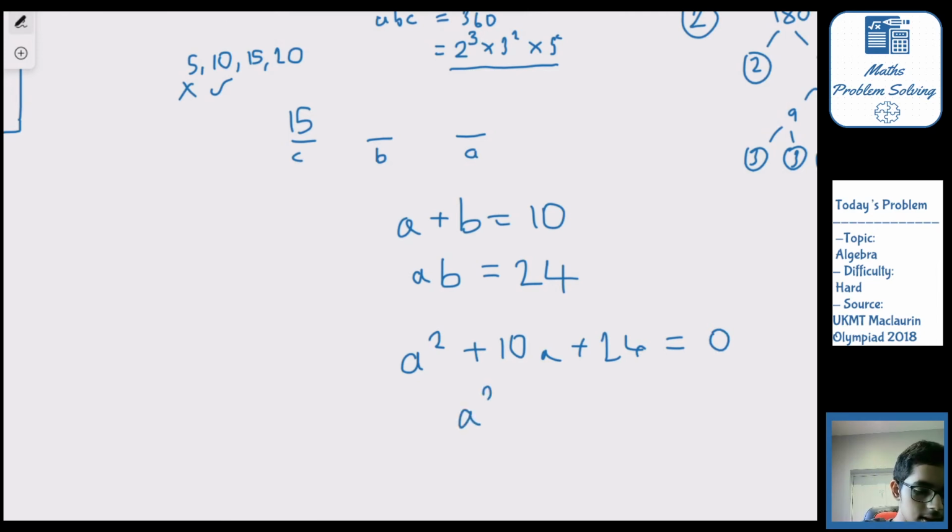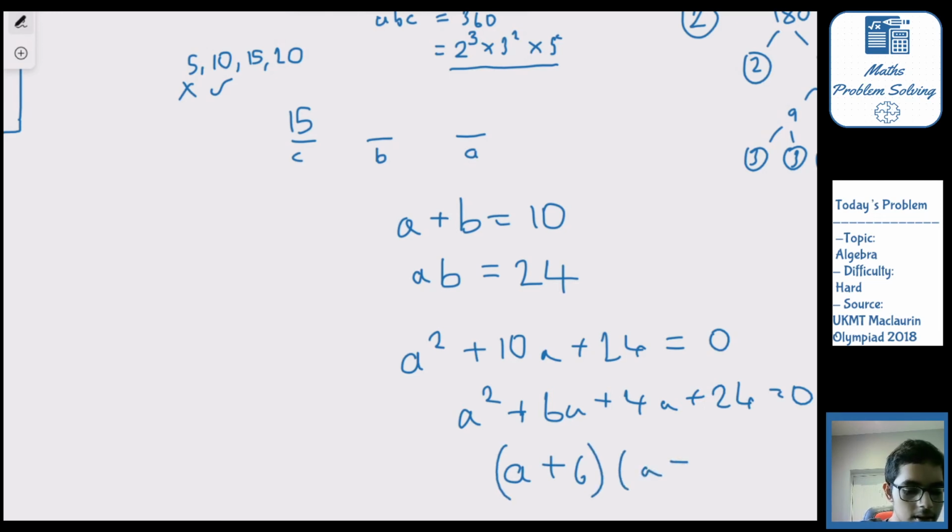So let's write this a squared plus 6a plus 4a plus 24 equals 0. And I'm just going to skip a few steps and get to this. a plus 6, a plus 4 equals 0. So therefore another solution set is when a is 6 and b is 4, or vice versa.